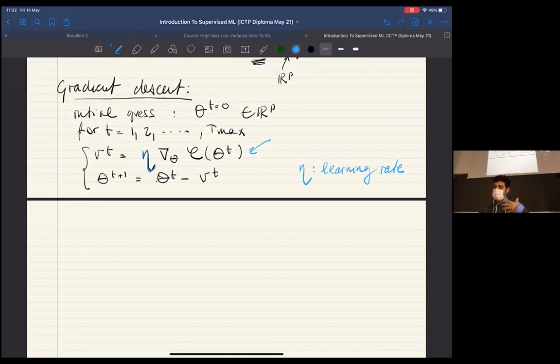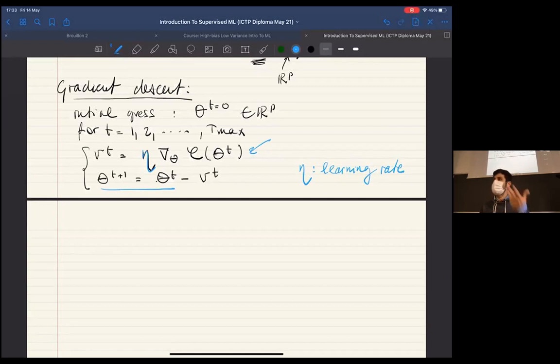This learning rate defines the scale of the increment by which you will follow the gradient. So you see that if eta is 0, the new value at time t plus 1 of the parameters is unchanged.